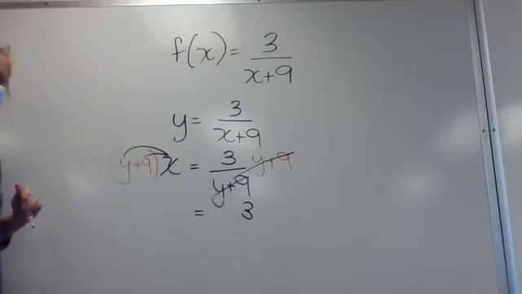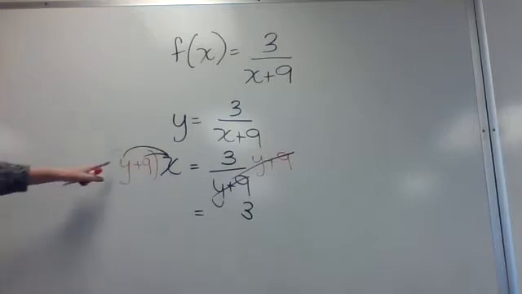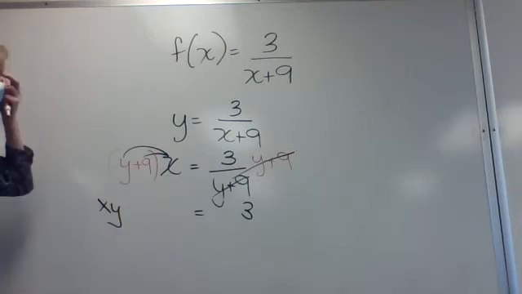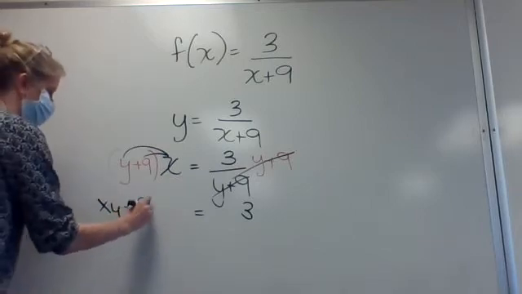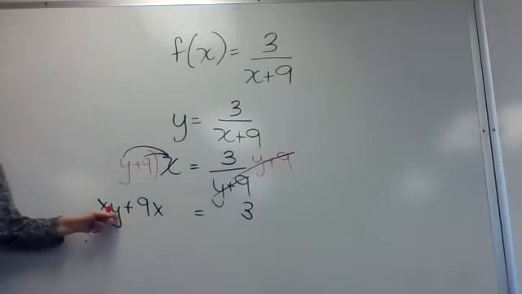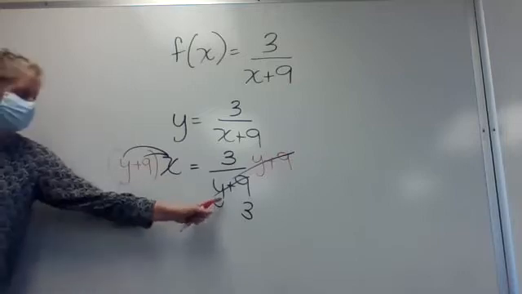So x times y is xy, x times positive 9 is positive 9x. So that step just simply helped me put my y in a position to where now I can isolate it, right? It took it out of the denominator.